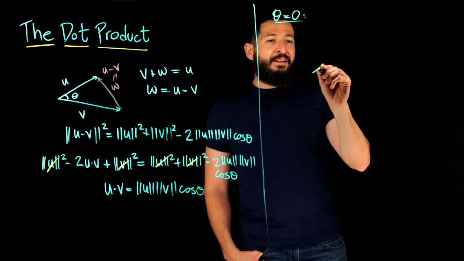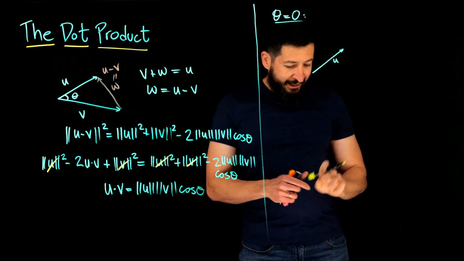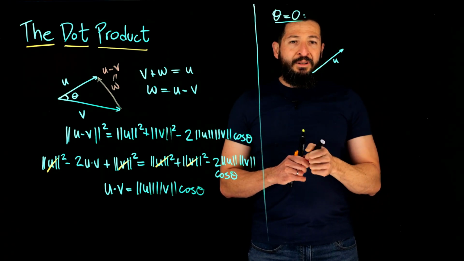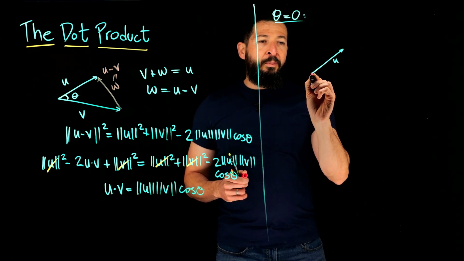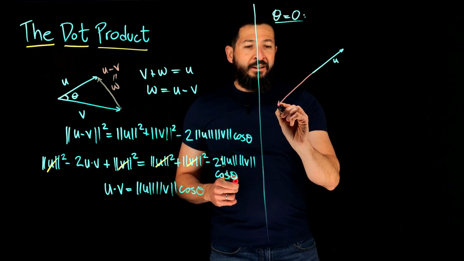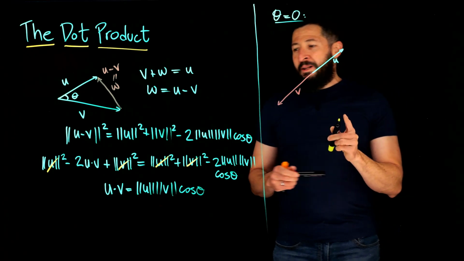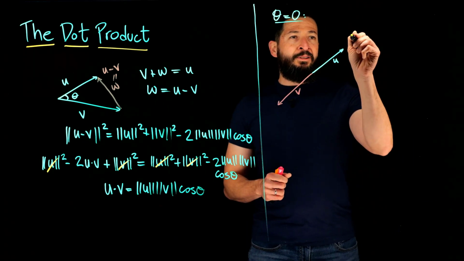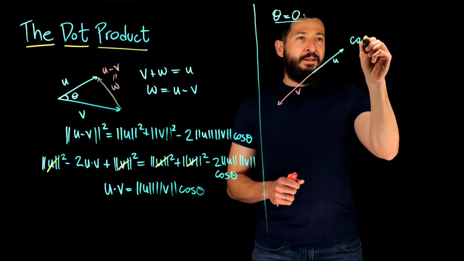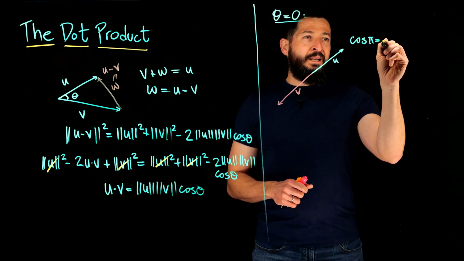That means that the vector, say u, is here, and the angle between them is either 0 or, I'm going to draw pi just to not mix colors. They are collinear. They're on the same line. And when that is the case, the cosine of the angle, in this case pi, would be -1.